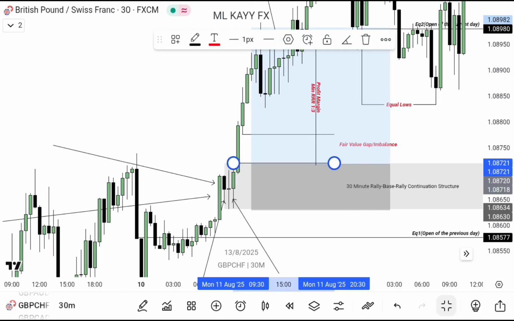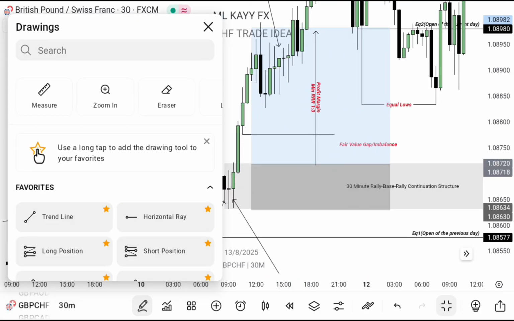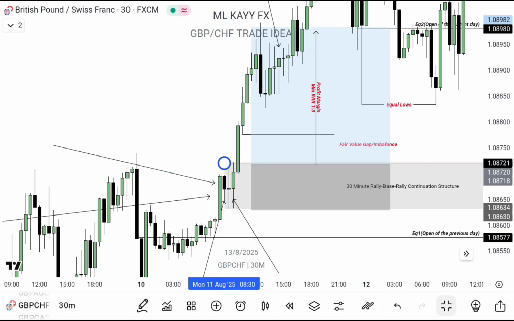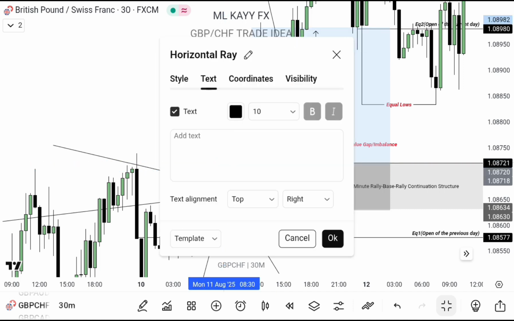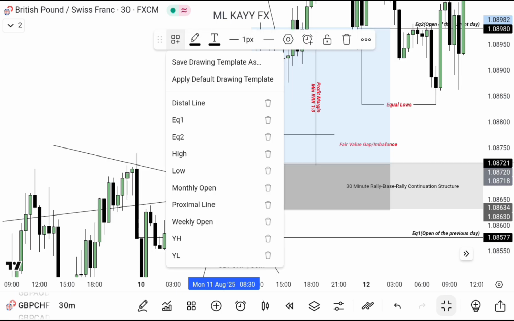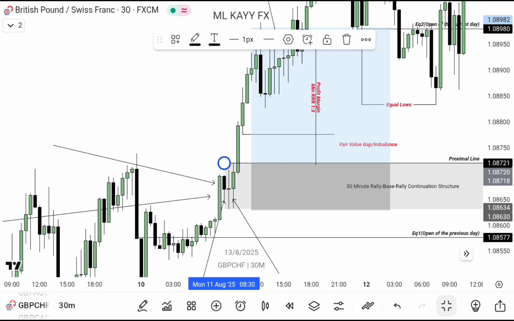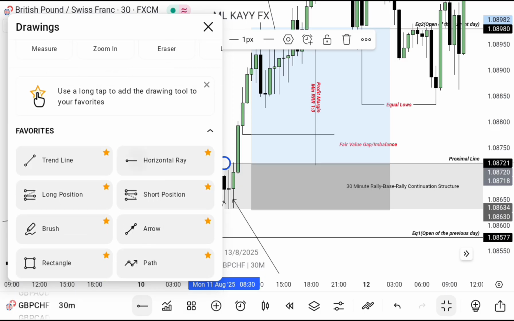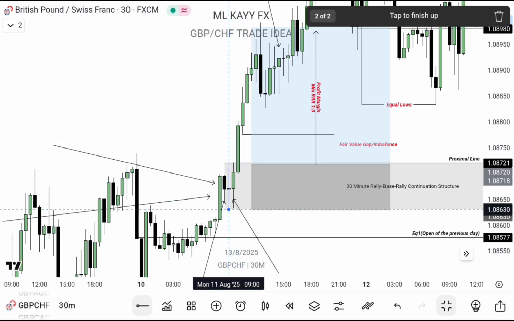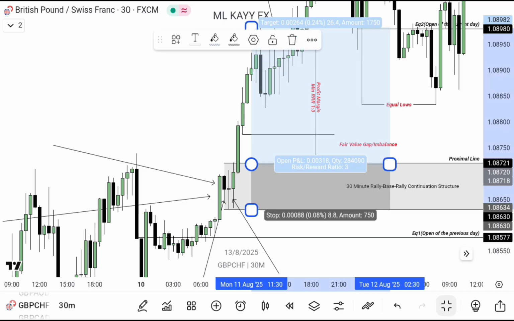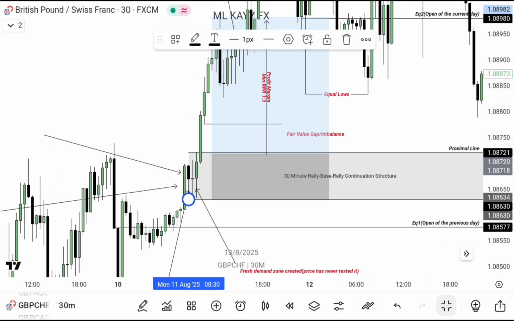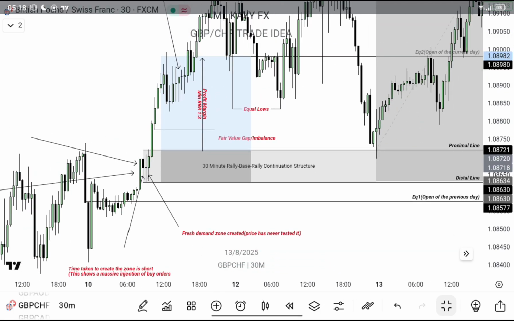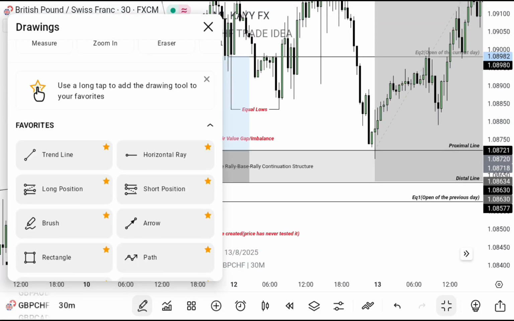I'm just going to remove the FVG line, the fair value gap line, to show you this is the proximal line, which is the entry point line, and we have the distal line, which is the stop loss line. The distance between them is the risk.